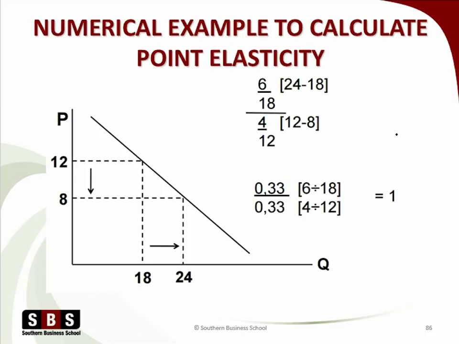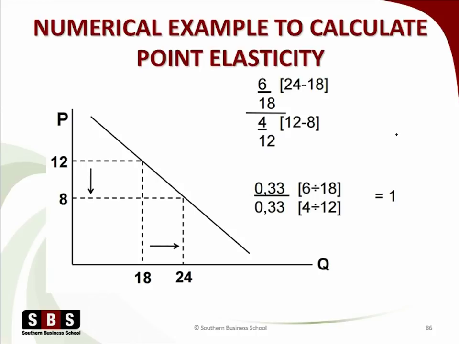So in the next couple of slides, this movement from 12 to 8 is the 4. Okay, we'll get to the different types of elasticity now, but what will happen is the quantity will rise. So if you are given values, you just substitute them and work out, according to the previous formula, what it's going to be.